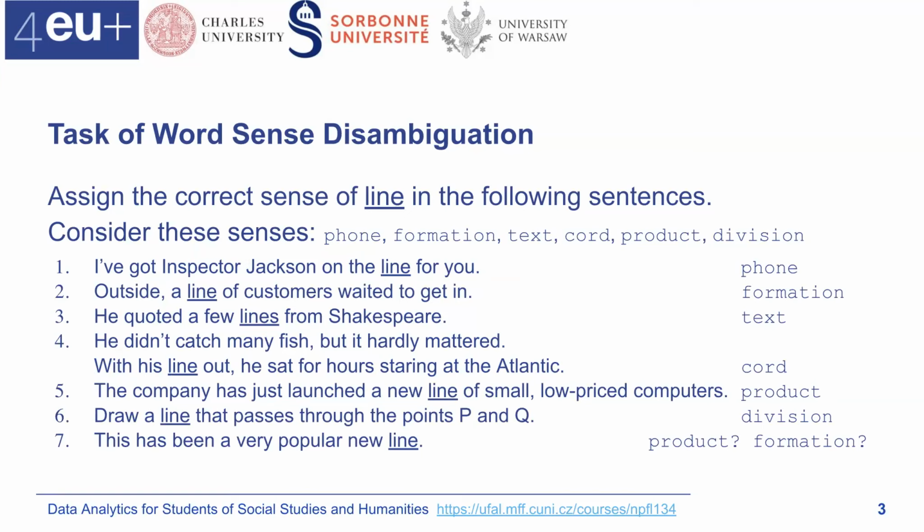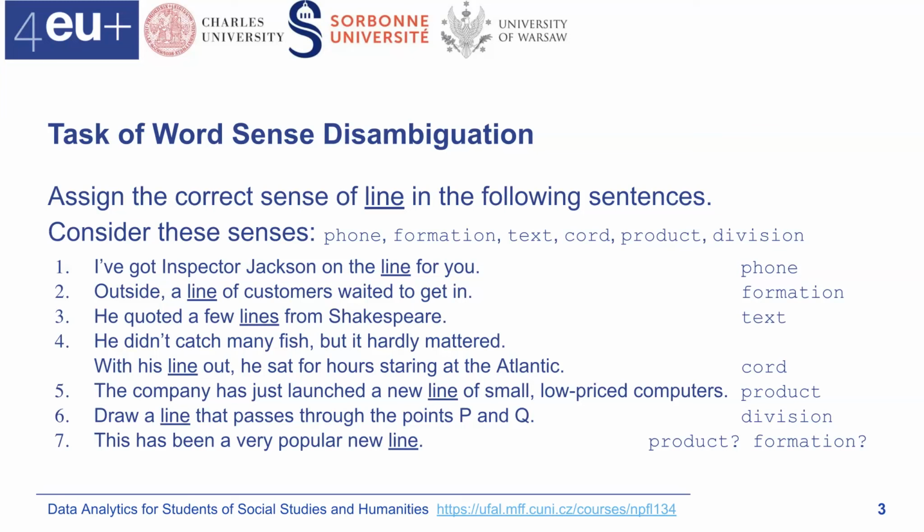For some sentences, it's rather easy to recognize the correct sense. But for example, in the last sentence, this has been a very popular new line, I'm rather unsure what the line means, product or formation.